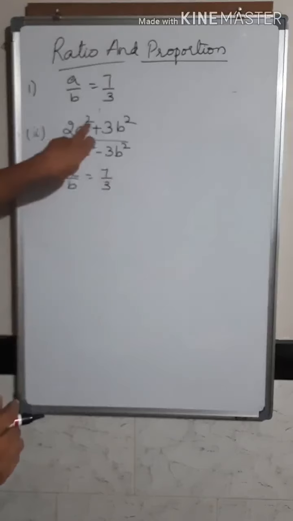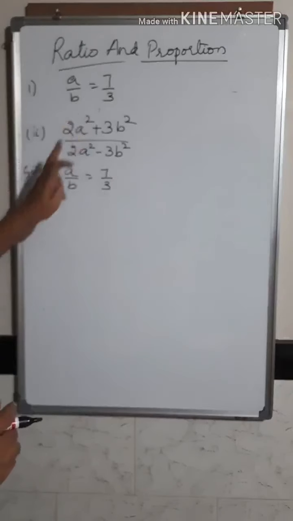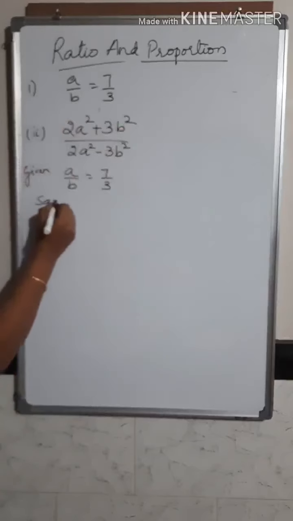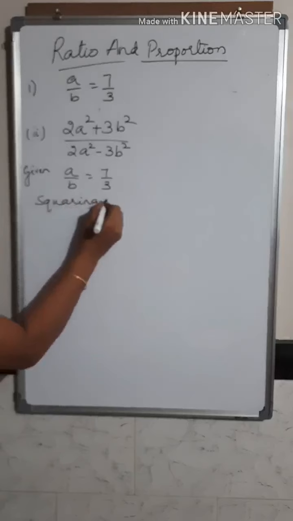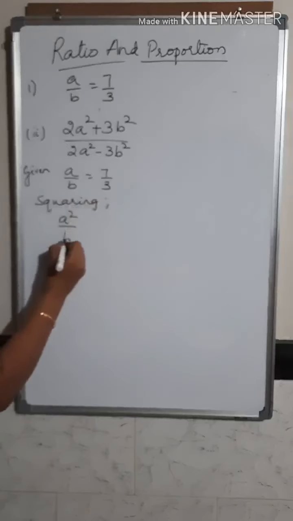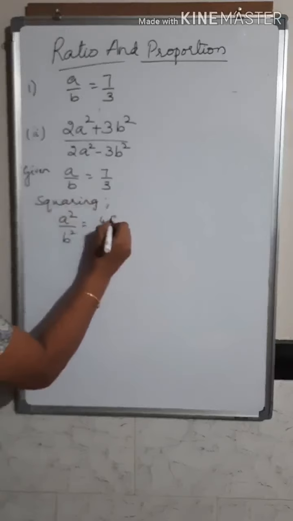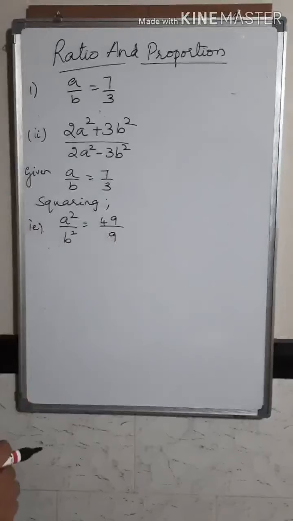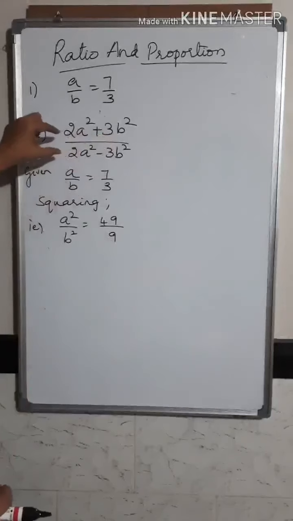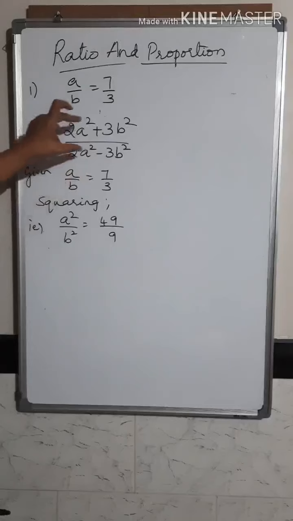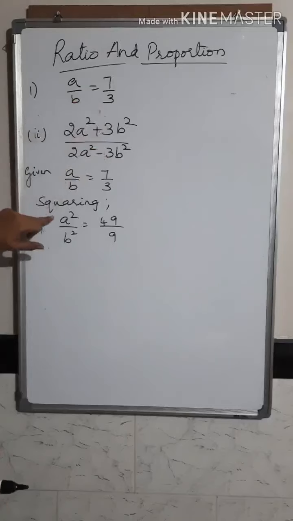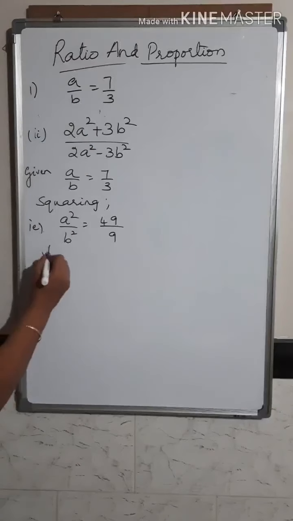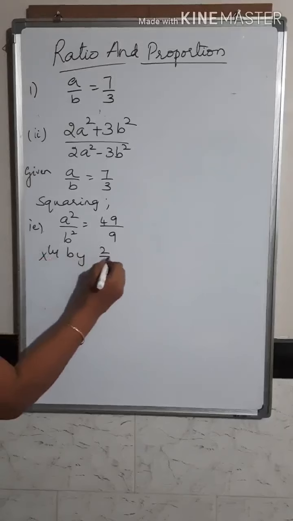Squaring both sides, a square upon b square is equal to 49 upon 9, since 7 sevens are 49 and 3 threes are 9. Now the coefficient of a is 2 and of b is 3, so multiply by 2 upon 3 on both sides.